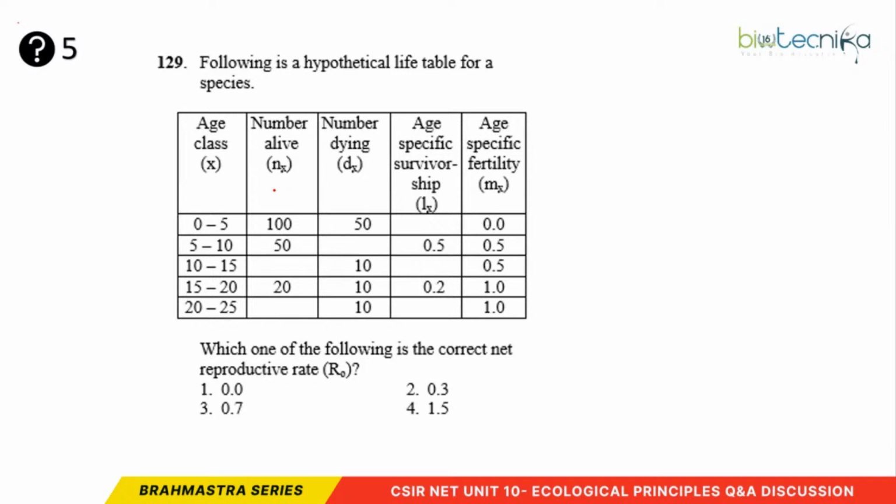I hope all of you remember the formulas. If you remember the formula, let's see if you can answer this. So number alive, number dying, age specific survivorship, and fertility. So the life table, particularly the reproductive table, is included here. So you have to find out the reproductive rate R0.